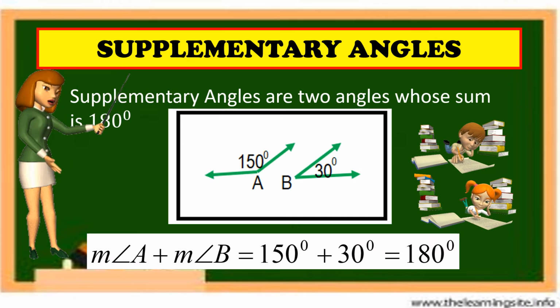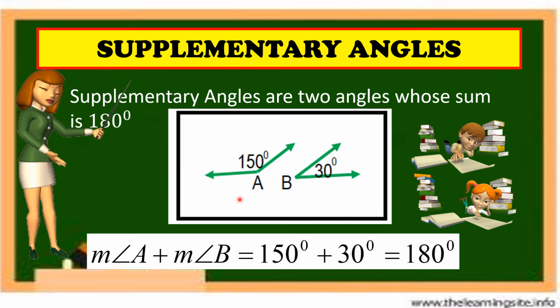Supplementary angles are two angles whose sum is 180 degrees. Look at angle A. What is the measure of angle A? The measure of angle A is 150 degrees. Look at angle B. What is the measure of angle B? The measure of angle B is 30 degrees.